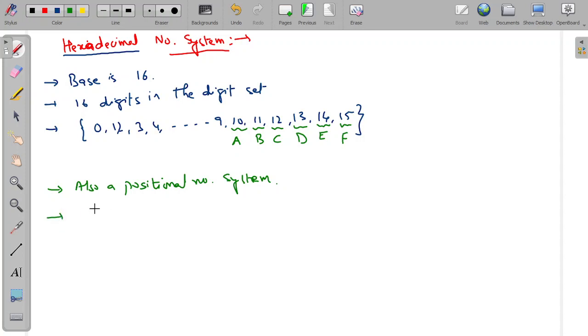Okay, so a very important number system.